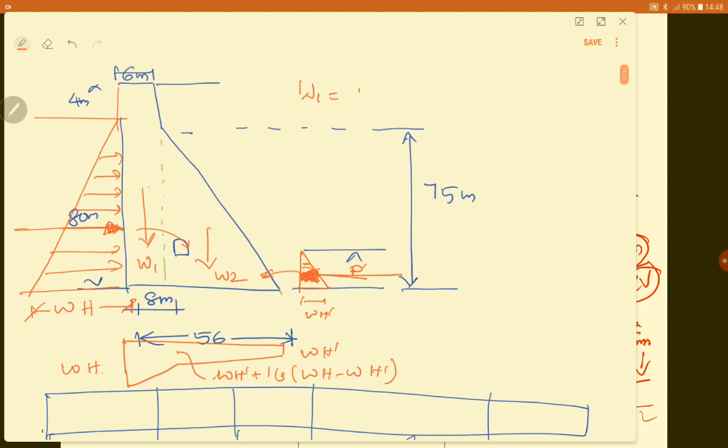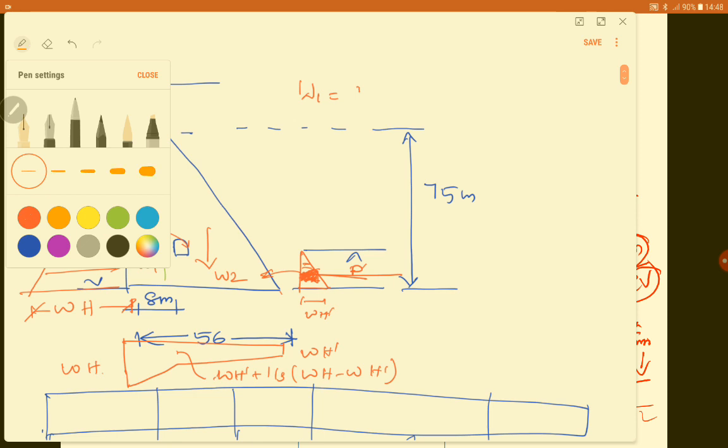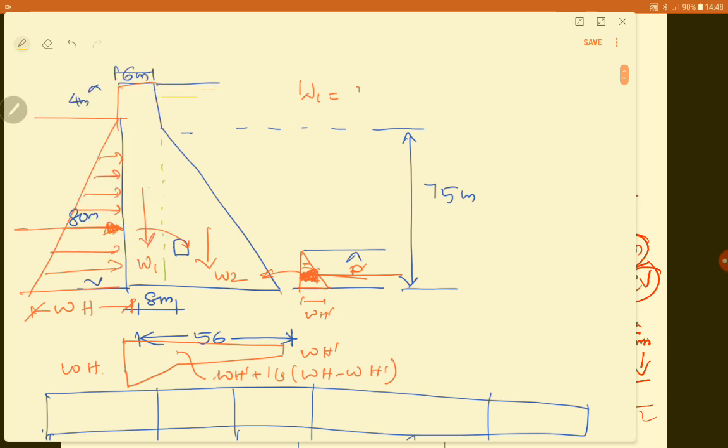First, find the value of W1. What is W1? Area of this part, that is this rectangular portion, right? So what is the height of the rectangle here? Height of the rectangle will be equal to 80 plus 4, that is 84, right? So height of the rectangle is 84.